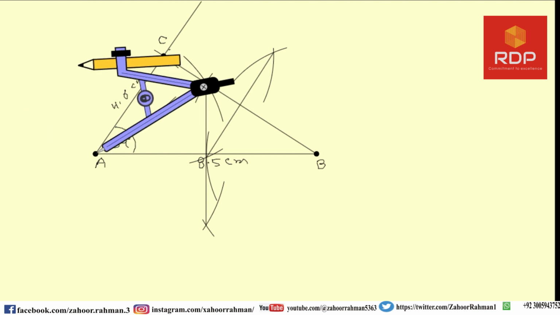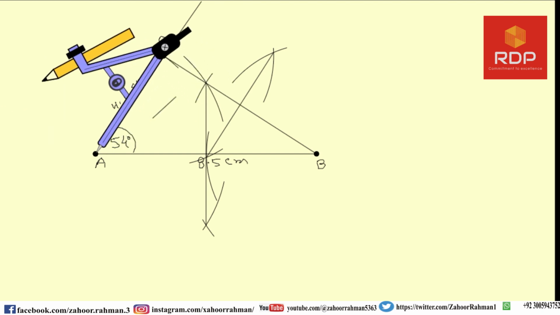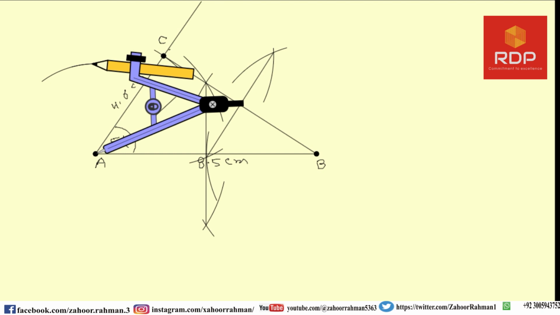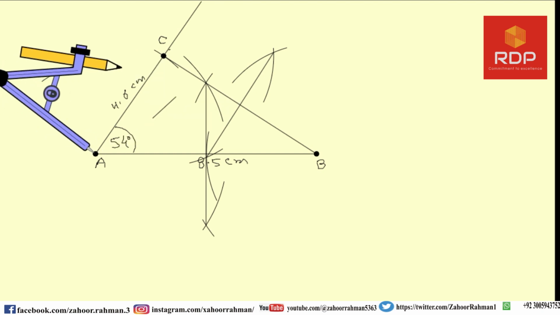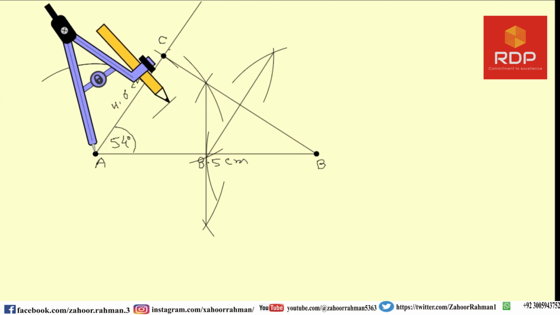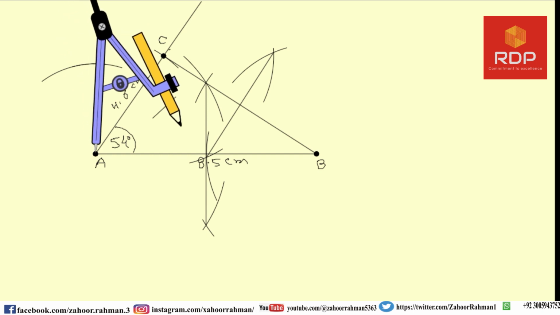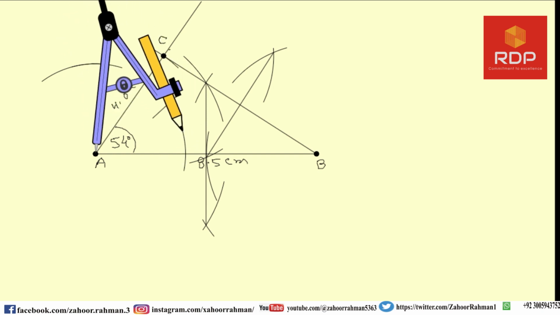Lock it, and then you have to draw one circle here, and the second circle will be somewhere here.